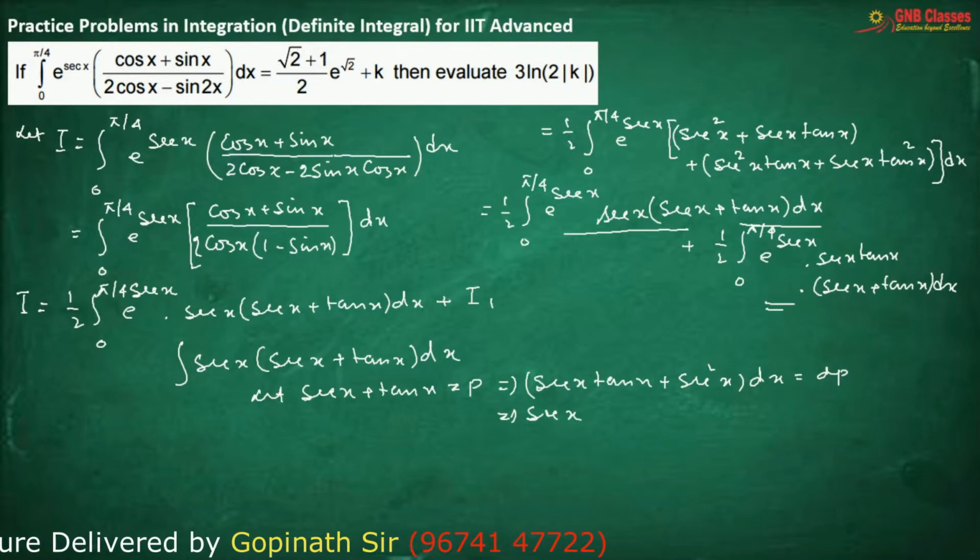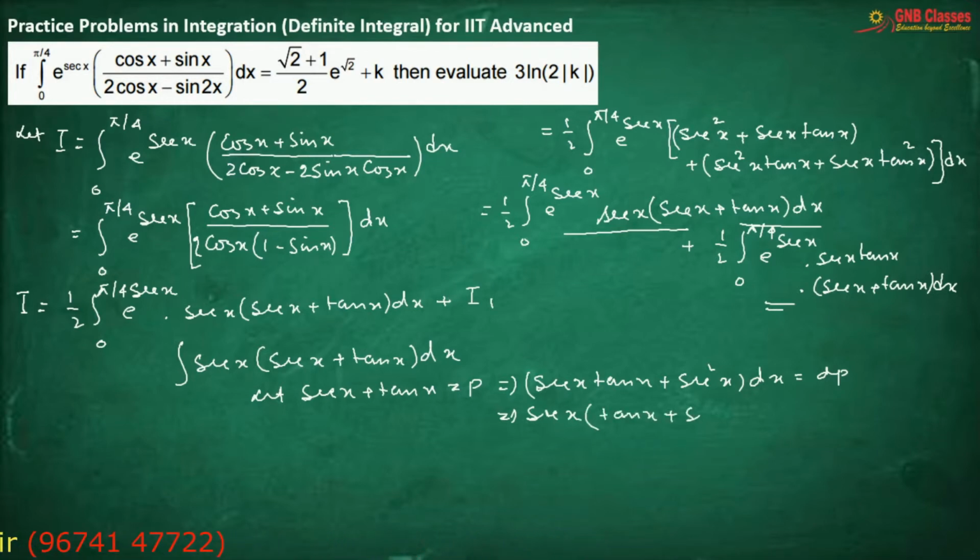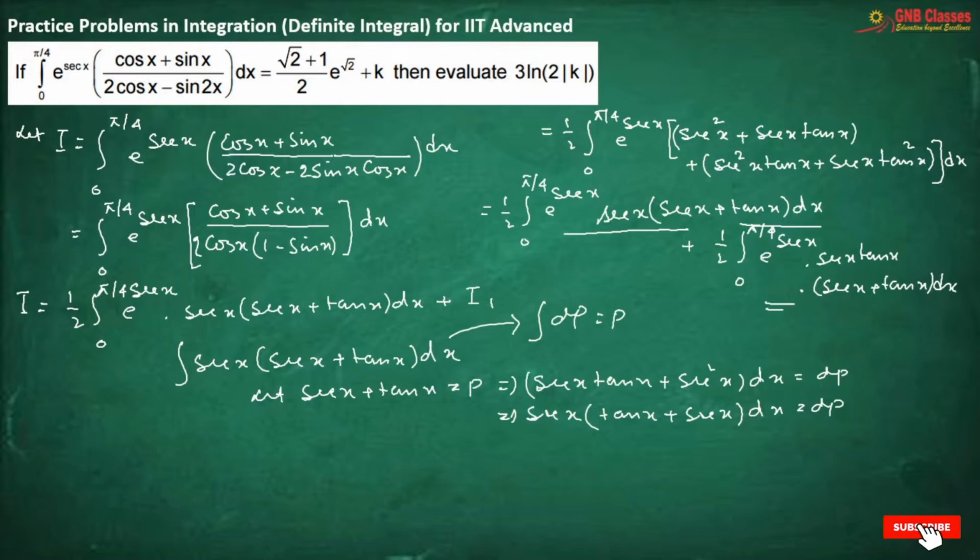If I take sec x common, we are left with (tan x plus sec x) dx as dp, right? Therefore, this integration becomes integration of dp only, which is nothing but p. P means sec x plus tan x. So please remember this, okay? Integration of sec x into (sec x plus tan x) dx is nothing but sec x plus tan x. Is it clear? Now let me rub this one.